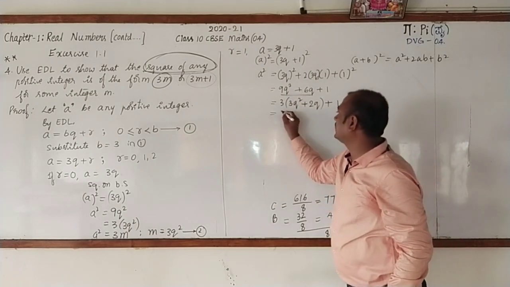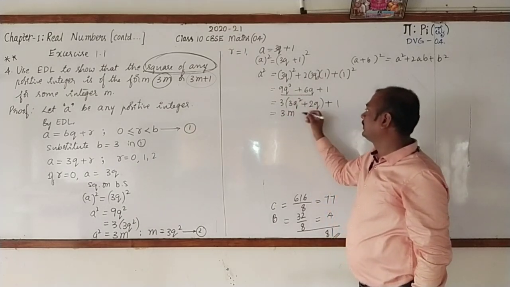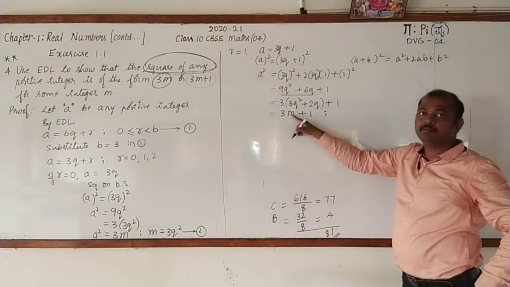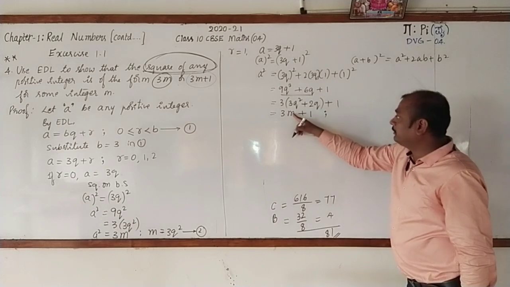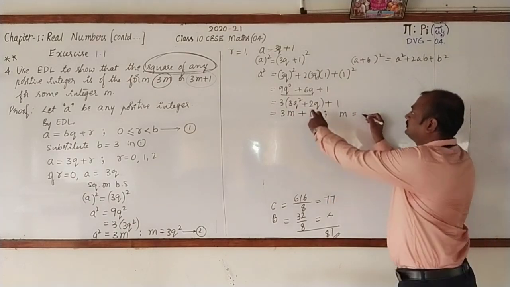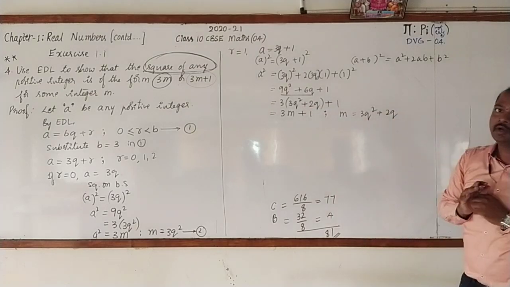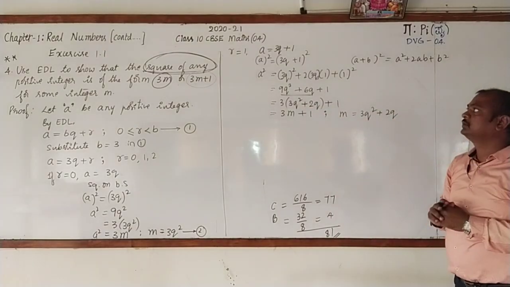Now, this can be written as 3m plus 1. What has been taken in place of m? So, m indicates 3q square plus 2q. I hope that you have understood.